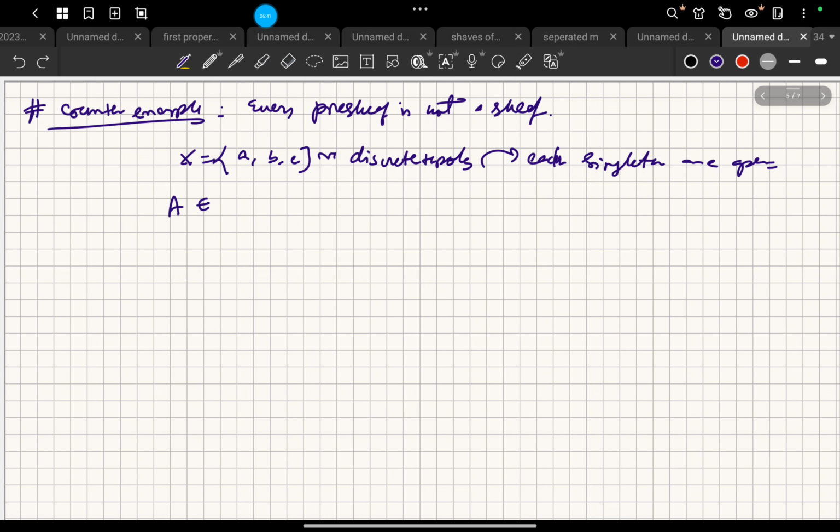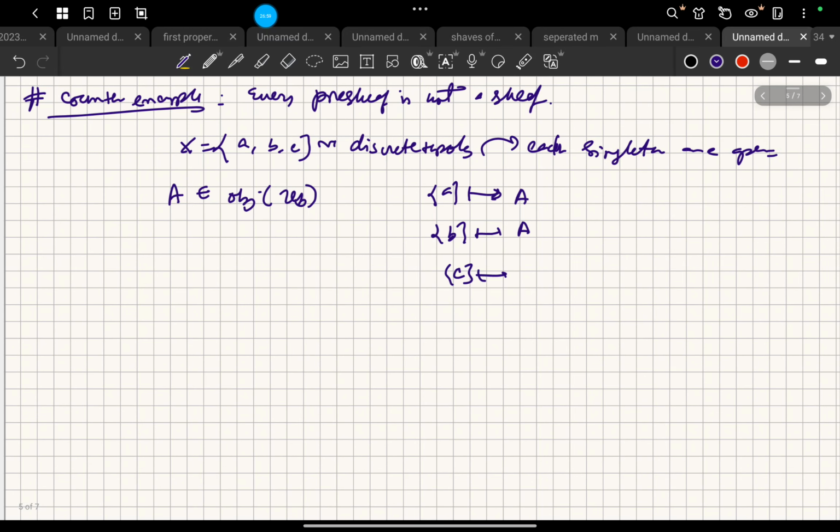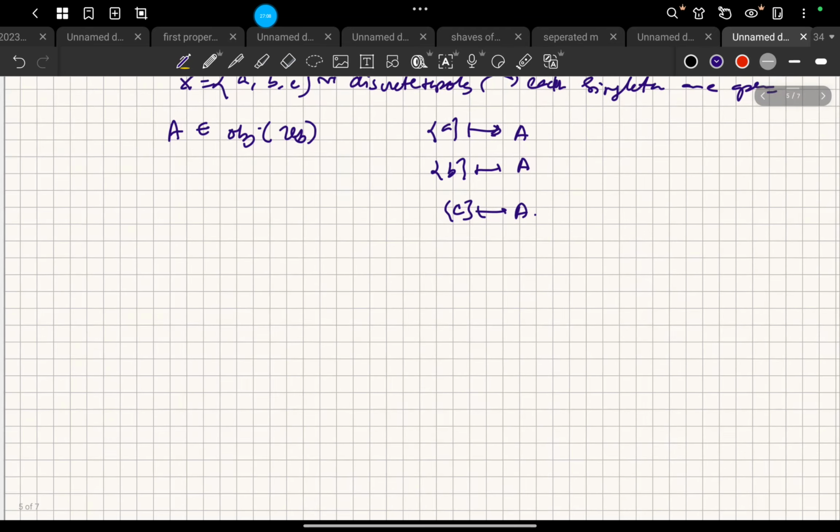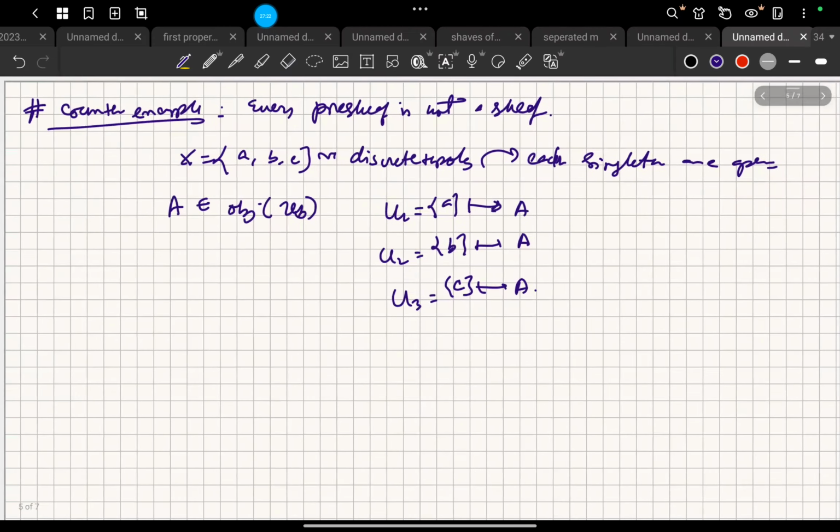Now take A to be an object of the category of abelian groups, such that each non-zero singleton is an open set mapping to A. Now let us take U1, U2, U3.